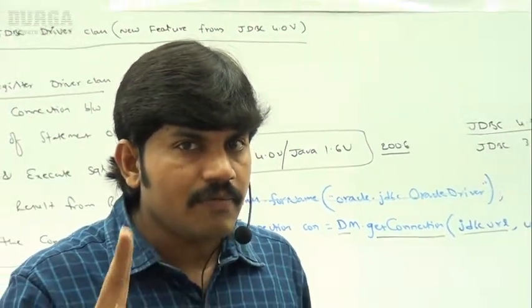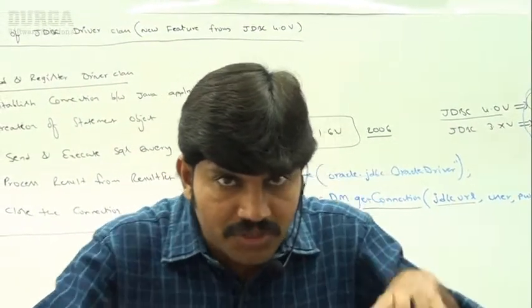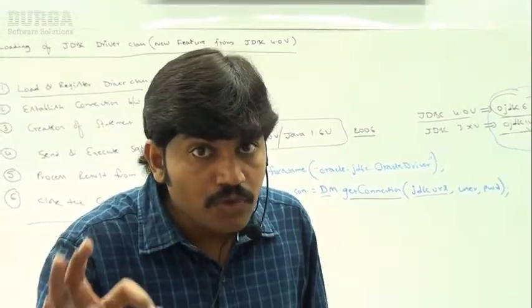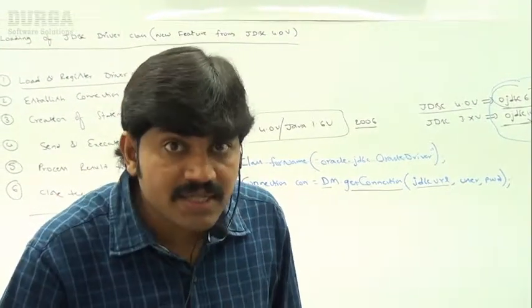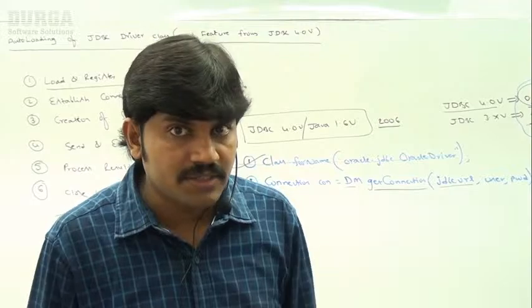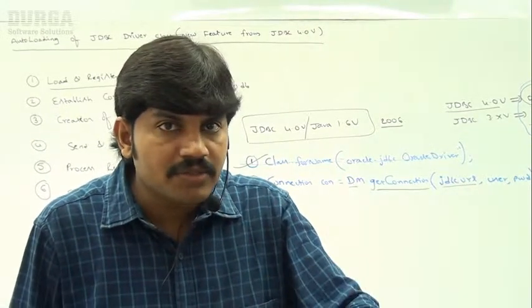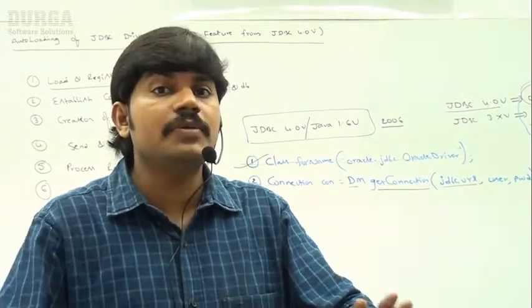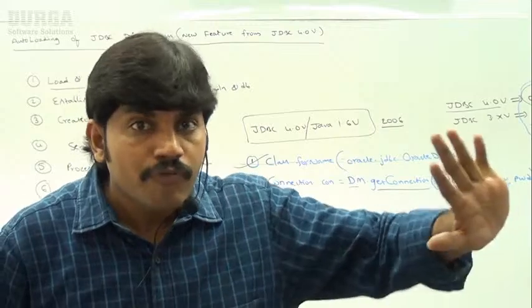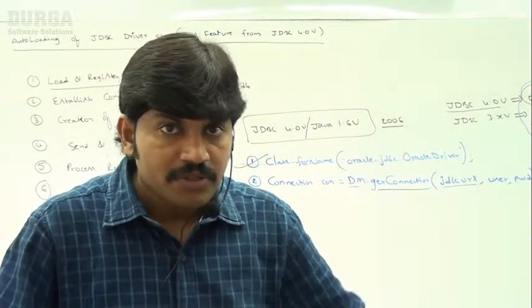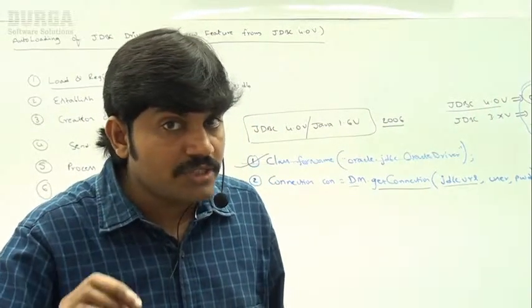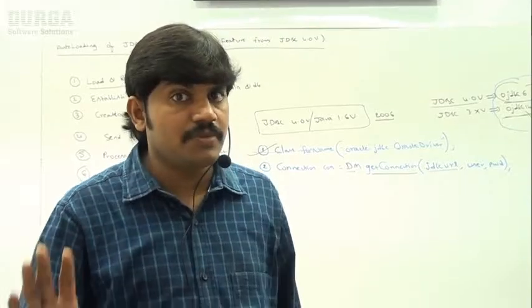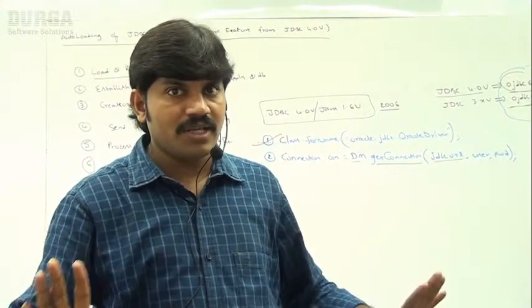So, I performed a postmortem on two jar files. What is the first jar file? OJDBC6.jar. What is the second jar file? OJDBC14.jar. OJDBC14.jar is JDBC 3.0 based, where auto loading is not there. OJDBC6.jar is based on JDBC 4.0, where auto loading is available.